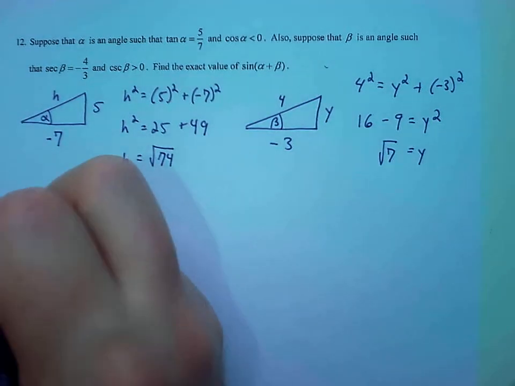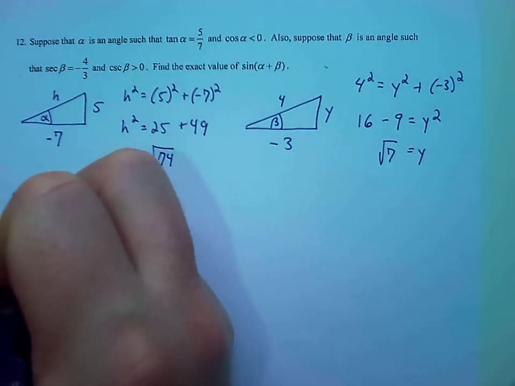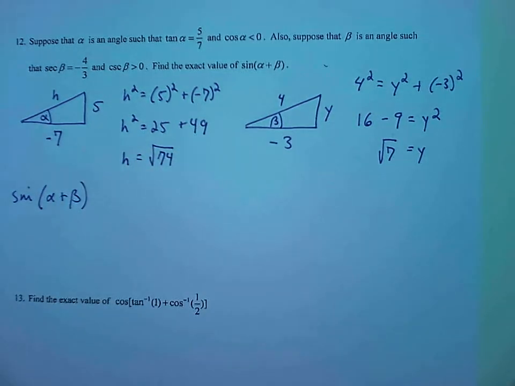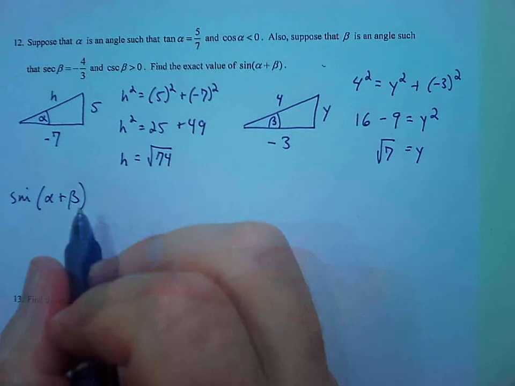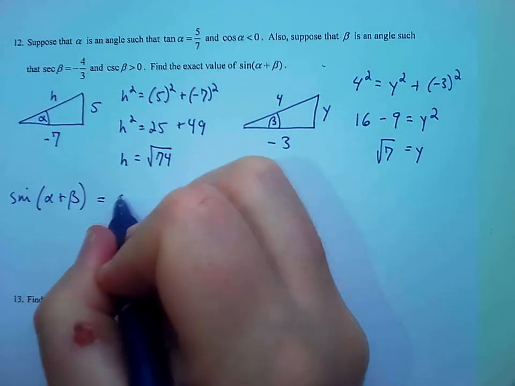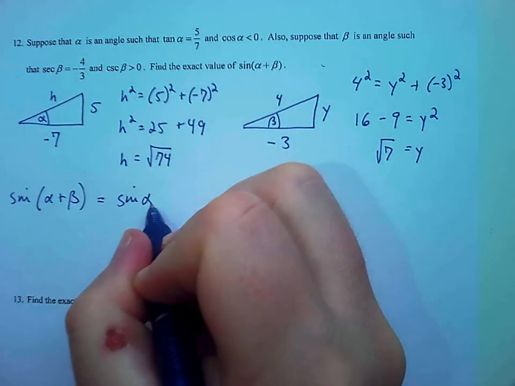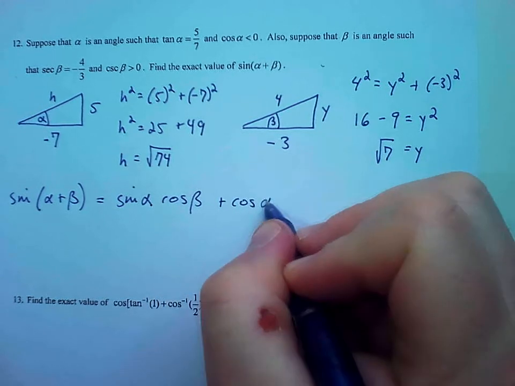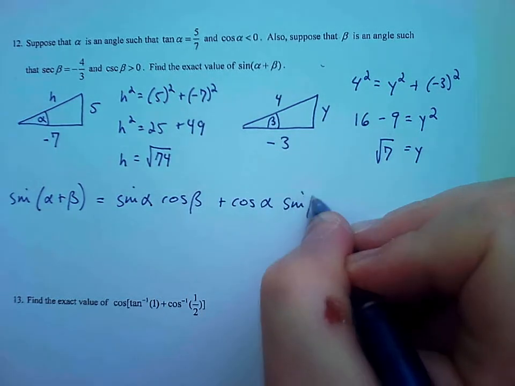So now if we were trying to find the sine of alpha plus beta, we're going to have that this is the sine of alpha times the cosine of beta plus the cosine of alpha times the sine of beta.